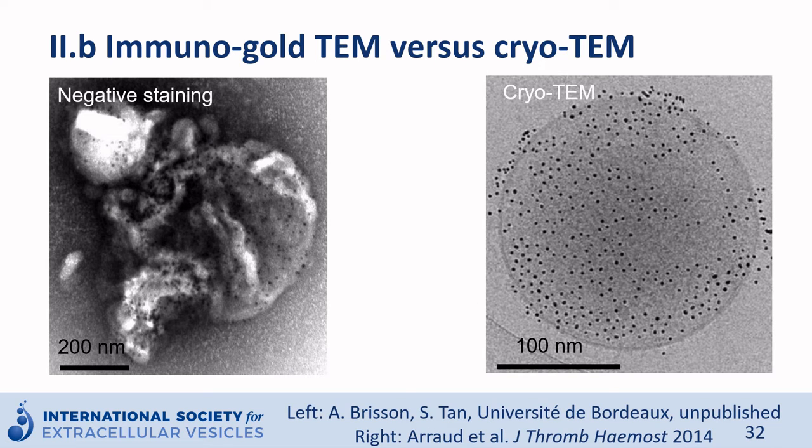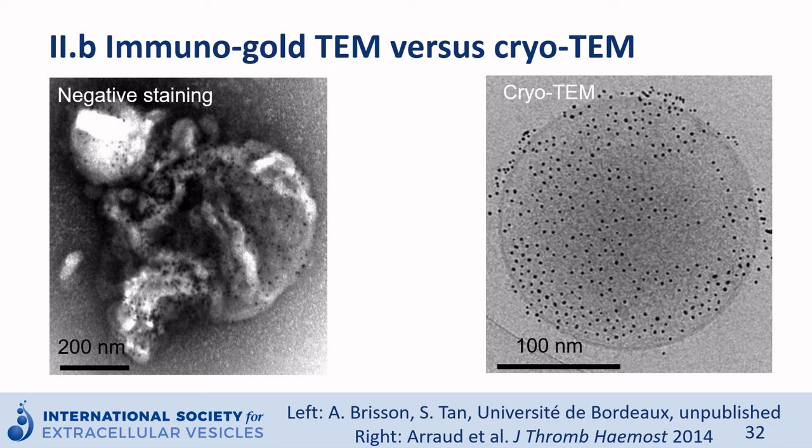The last example here makes a comparison between immuno-gold labeling in conventional negative staining and cryo-TEM. The same sample, human plasma, was used. Both EVs are densely labeled with annexin 5 gold particles.